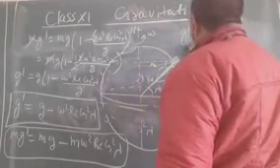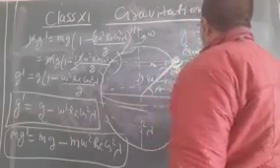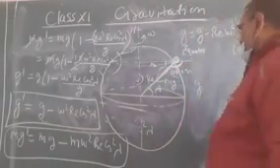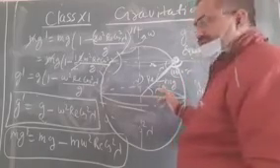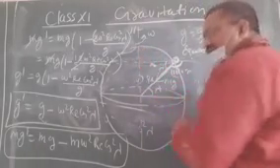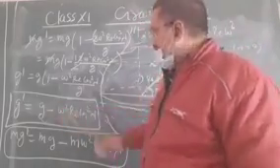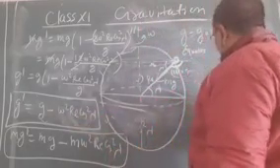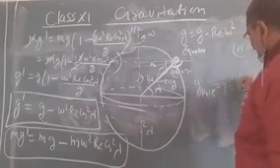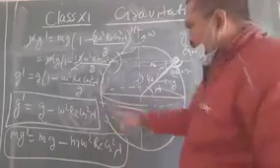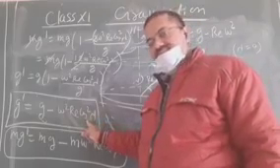And for the pole, lambda should be put as 90 degree. Then g pole equals g minus this term, which will be 0, because cos 90 equals 0.